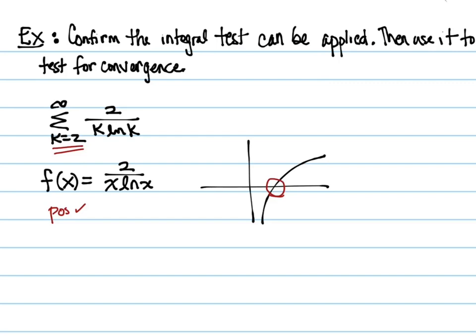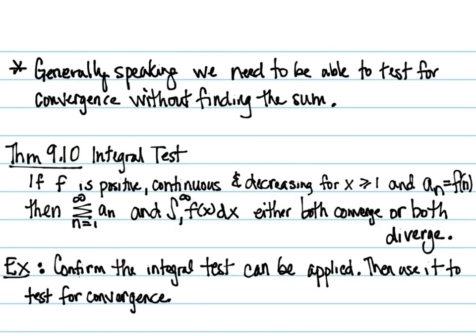And it isn't either in this area. I'm referencing my k equals 2 to infinity part. So it's continuous. I'm not going to have any vertical asymptotes occurring because of zeros in the denominator. And the last piece talks about it being decreasing.